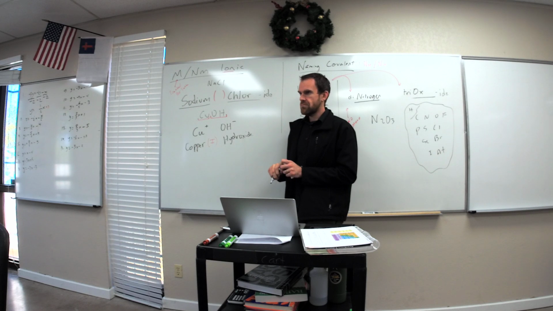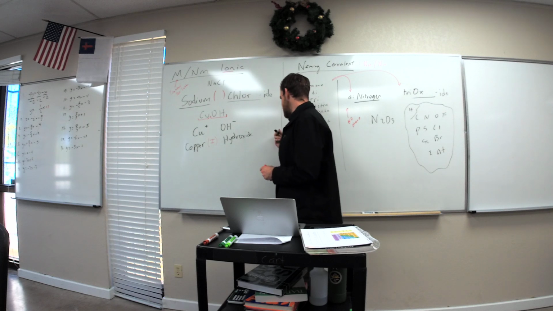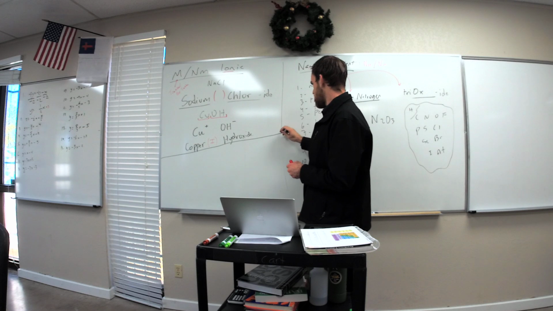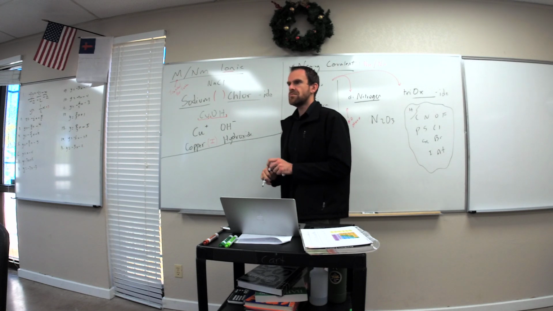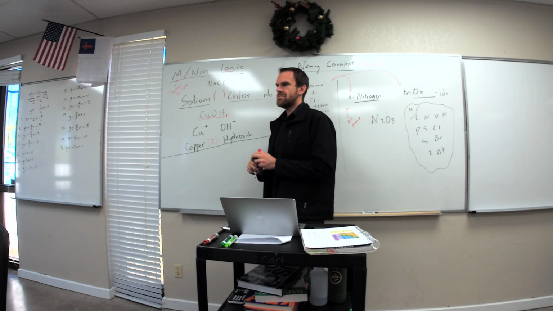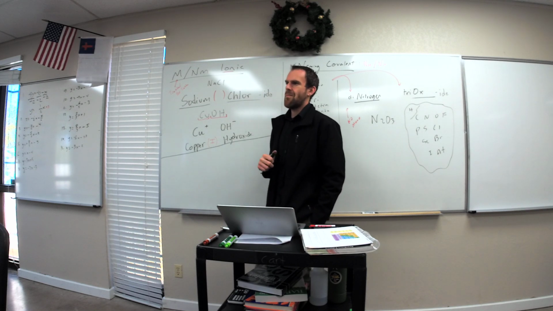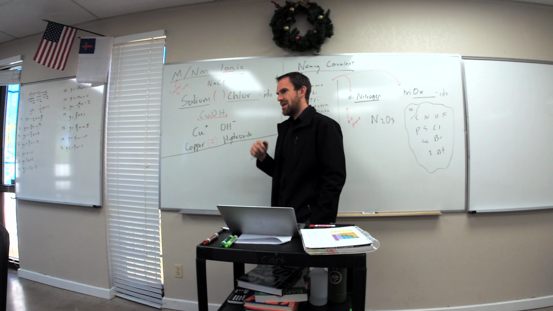Sodium's a metal. Why is sodium a metal? Because it wants to lose electrons. You thought it was that thing? Yeah, I know. It's also not alkaline, but it's an alkali metal.